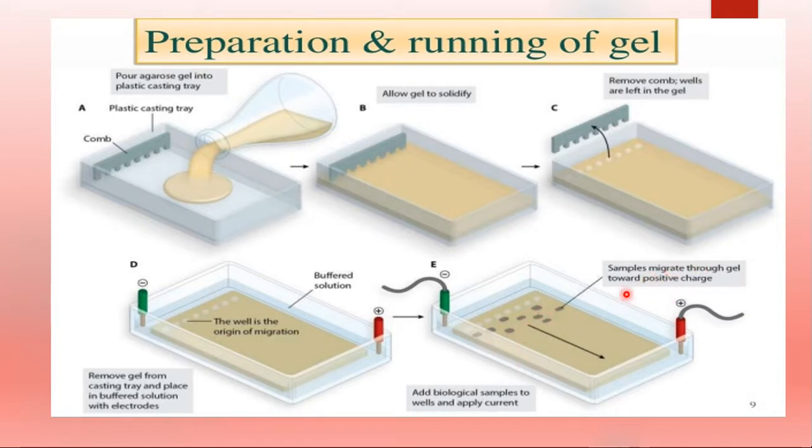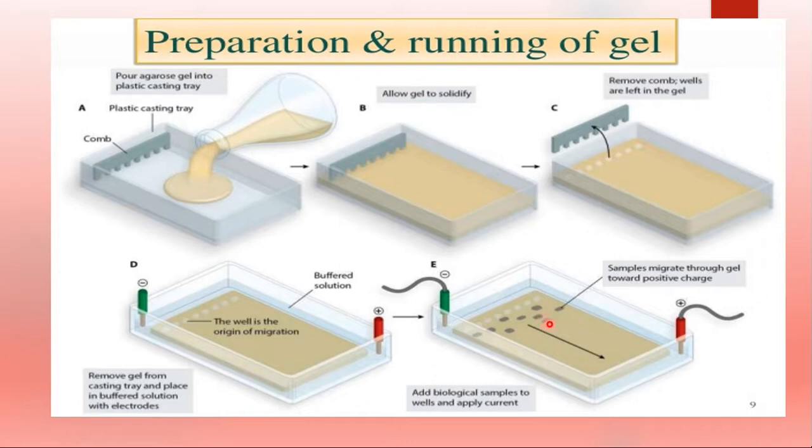Now samples migrate through the gel towards the positive charge. See here, so here is your positive charge, the anode, towards which they are moving in this direction. So that means when a potential difference is applied across the electrodes of a horizontal electrophoretic tank containing agarose gel material, and the biomolecules are loaded, they get separated according to their molecular size.